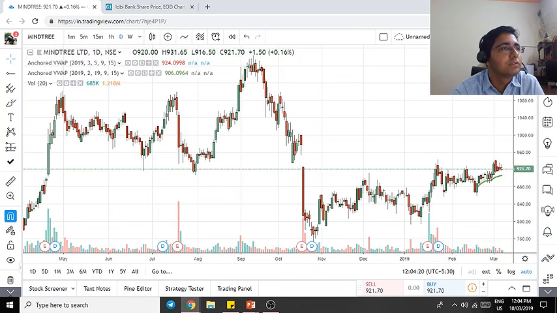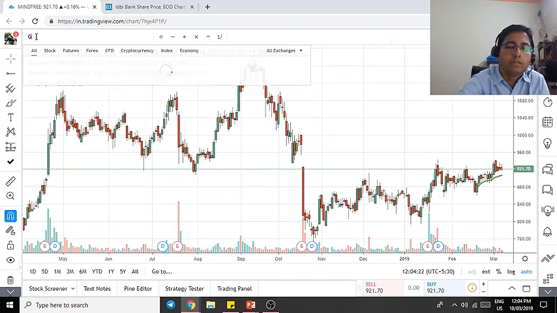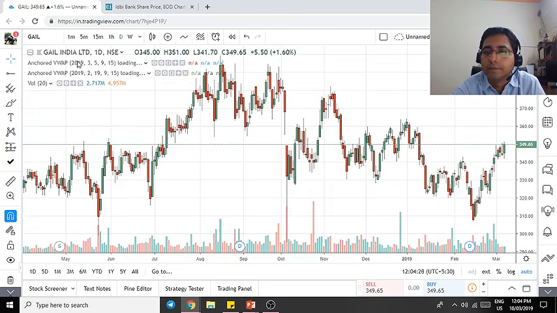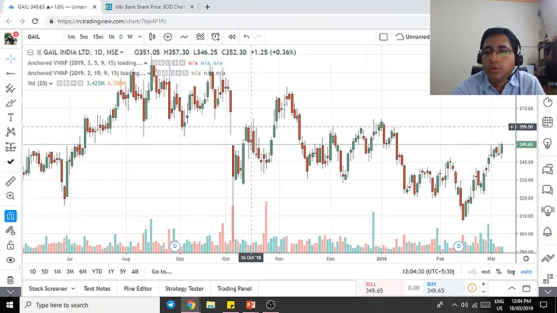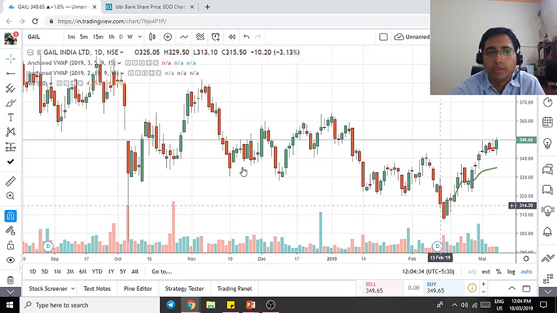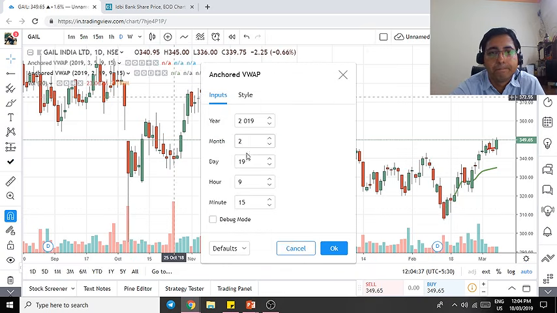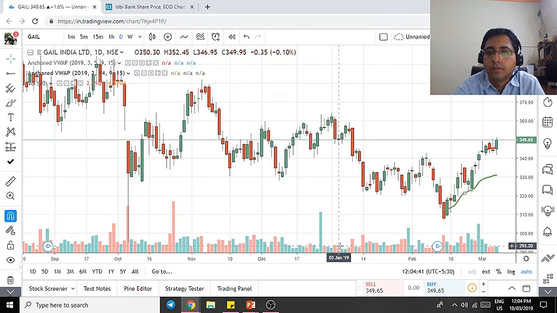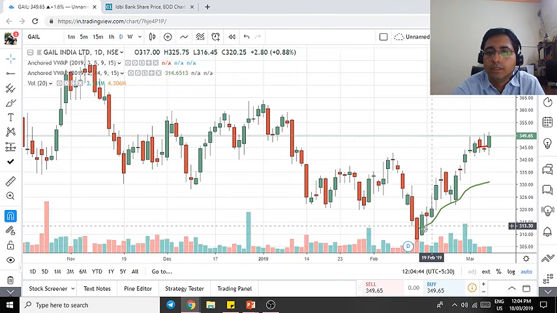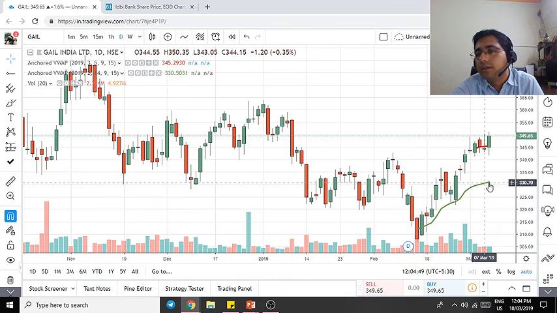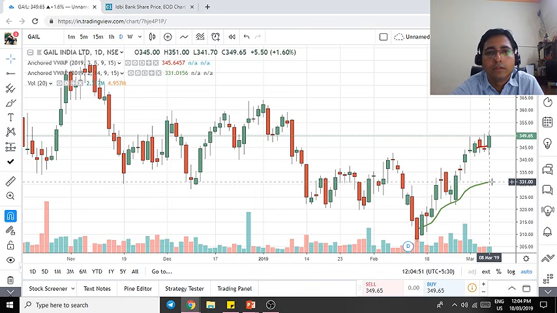Next one was GAIL, Gas Authority of India Limited. Quite clearly you can plot a starting anchor from this part, 14th of Feb, and as you can see, all candles have taken support at that price, and that average price is 331.